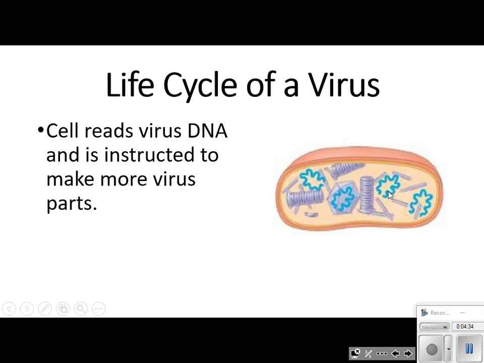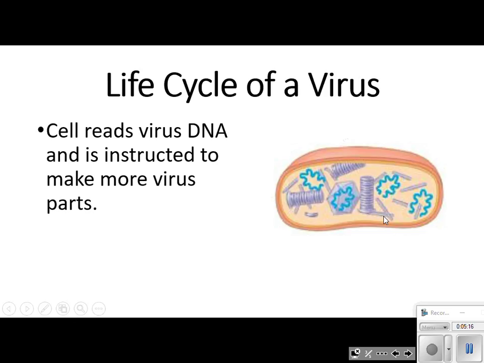Here's genetic material. Here is the tail sheath. Here's the capsid, and it's also got genetic material. Maybe that is a base plate right there. But the whole idea is that the DNA from the virus now instructs that cell to make virus parts, whether it's the capsid, the genetic material, the sheath, the base plate, or the tail fibers. We are making all the parts for the virus.